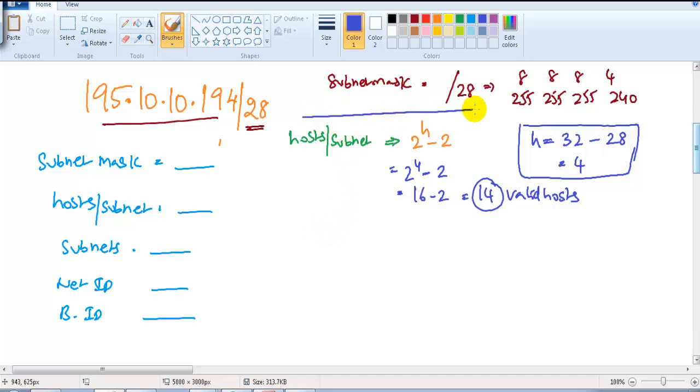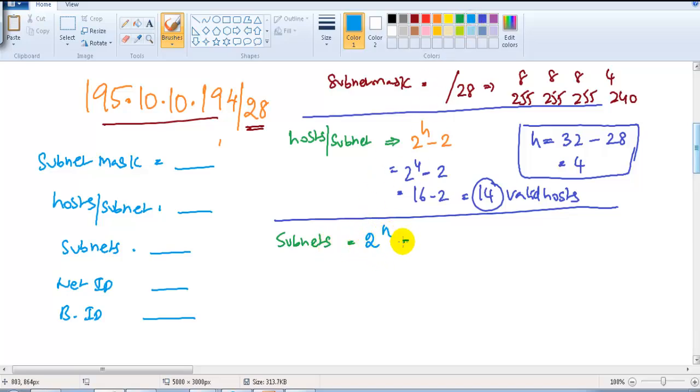So I got the next requirement. This is the first and this is the second answer. And the third one, I need to find how many subnets I should get. To find the subnets, we need to take 2 to the power of n, where n is your converted network bits. To find the n bits, the default is a C class example.